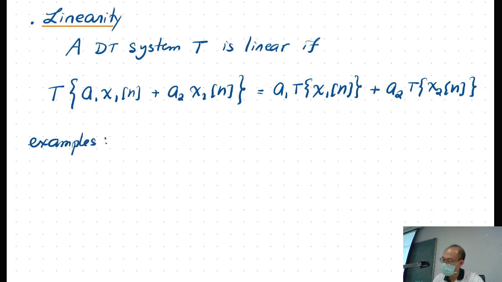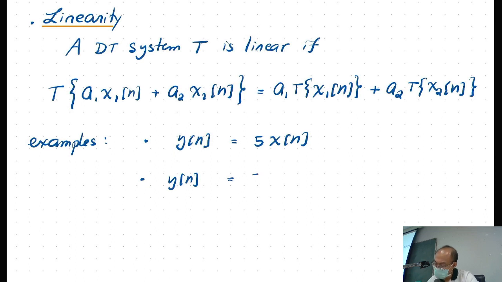So examples of linear systems are the usual. The system defined by y[n] equal to 5x[n] is a linear system. Or y[n] equal to 5x[n] minus 4x[n minus 1]. This is also a linear system.